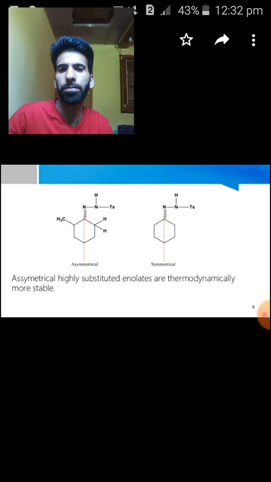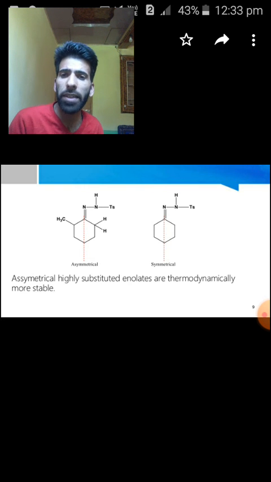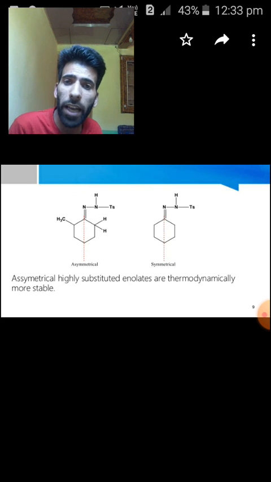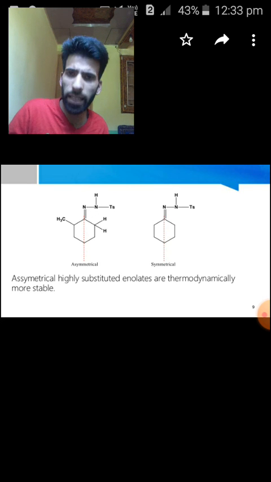One is more substituted and another is less substituted. But according to Zaitsev's rule, less substituted is less preferred and more substituted will be the more preferred product. Asymmetrical, highly substituted enolates are here thermodynamically more stable.